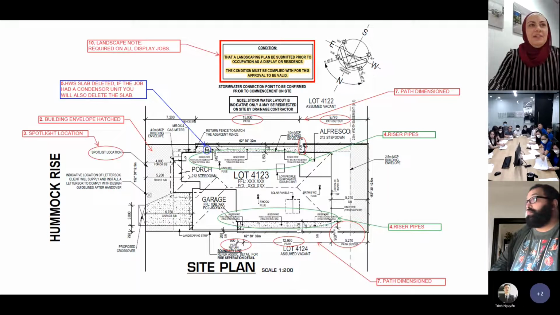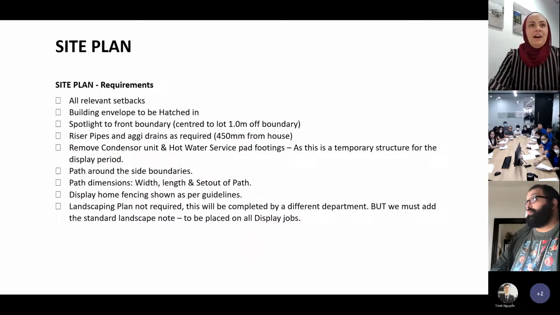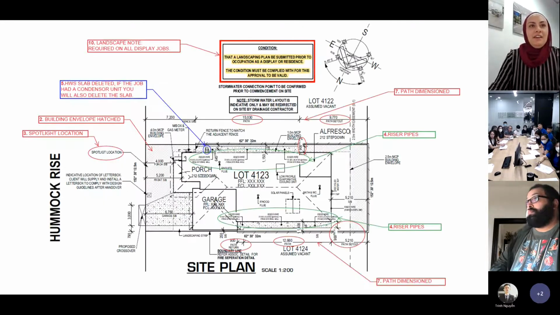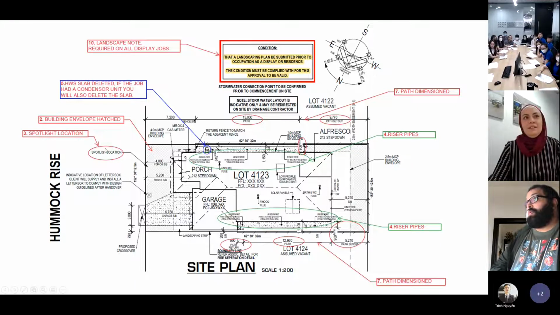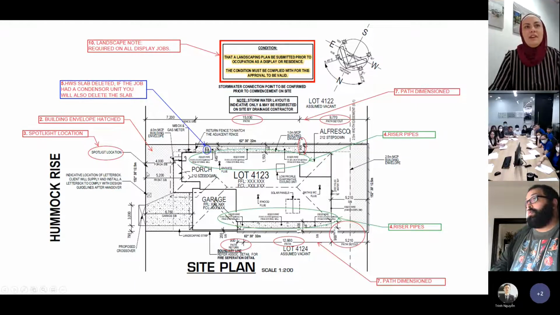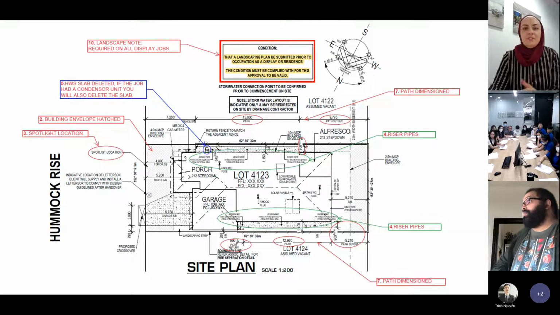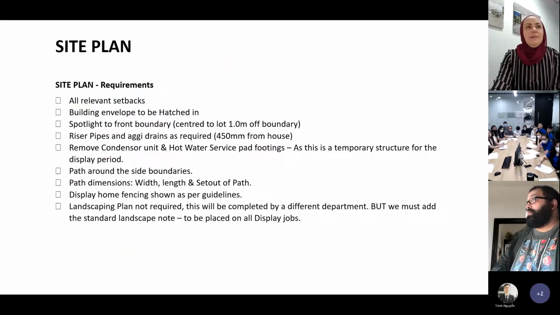Where we put that generally is, whatever the site is, we half it and then try and center it to the front boundary. Over here, it's just there. So it's kind of an indicative location. So that needs to go on every single display job. So just ensure you put that on there.